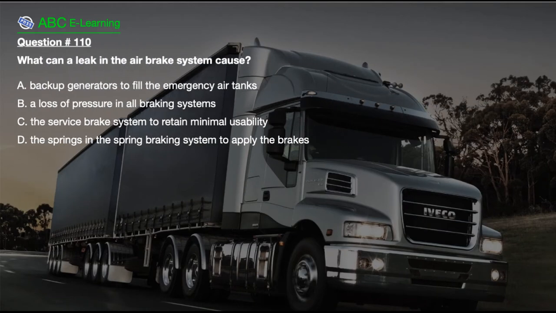Question number 110. What can a leak in the air brake system cause? A. Backup generators to fill the emergency air tanks. B. A loss of pressure in all braking systems. C. The service brake system to retain minimal usability. D. The springs in the spring braking system to apply the brakes.